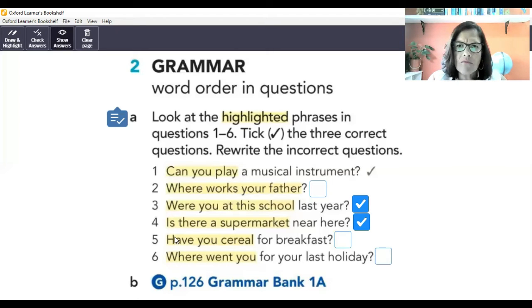And could you correct the wrong ones? Yeah, let's check. Let's see here, look. What's the problem here? So we learned that you make questions with the simple present and simple past, not the verb to be, not with a modal verb, right? You needed to use an auxiliary verb.